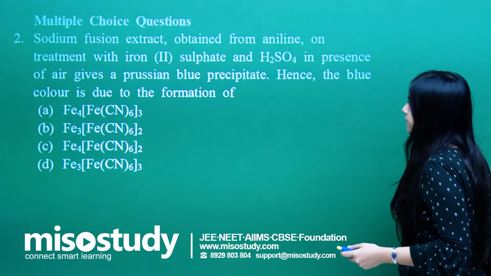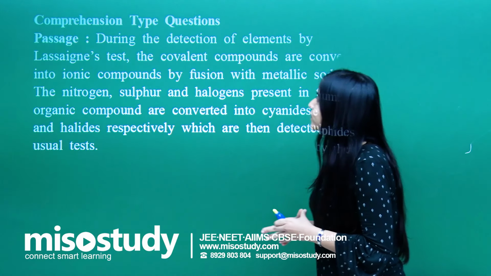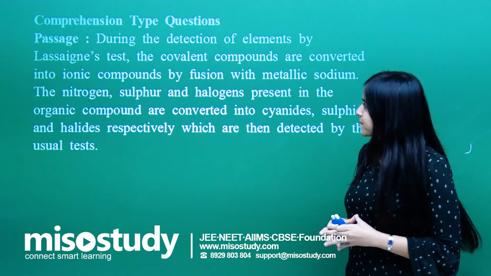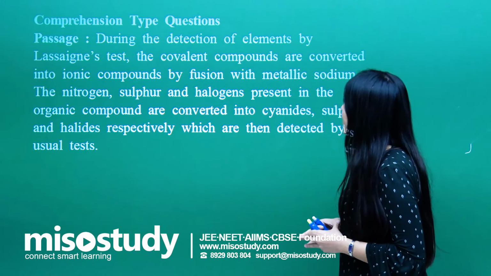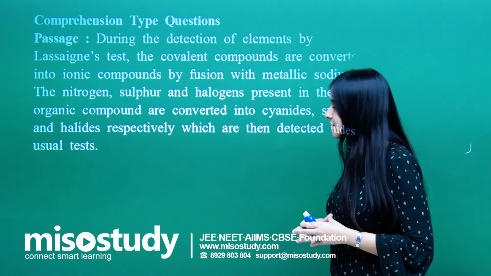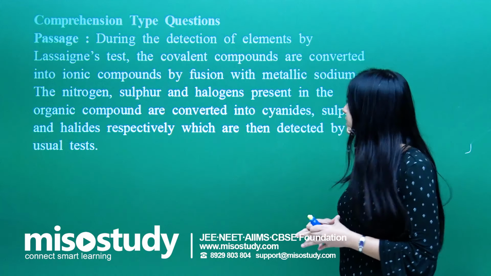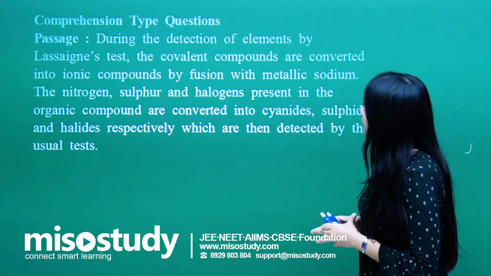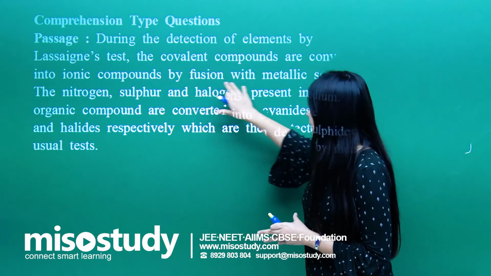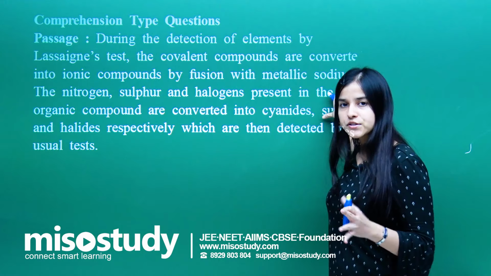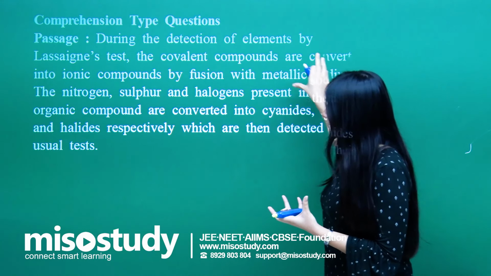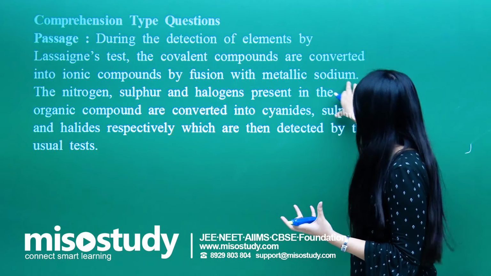Next question says, okay, now it is the comprehension type question. What is the passage over here? During the detection of elements by Lassaigne's test, again the Lassaigne extract question, the covalent compounds are converted into ionic compounds by fusion with metallic sodium, right? They have told us the process happening in the Lassaigne's test.